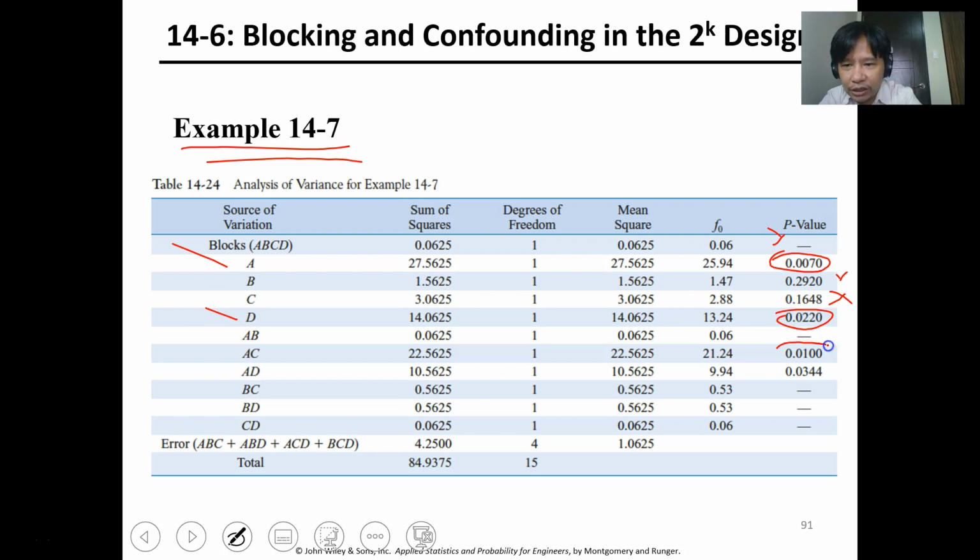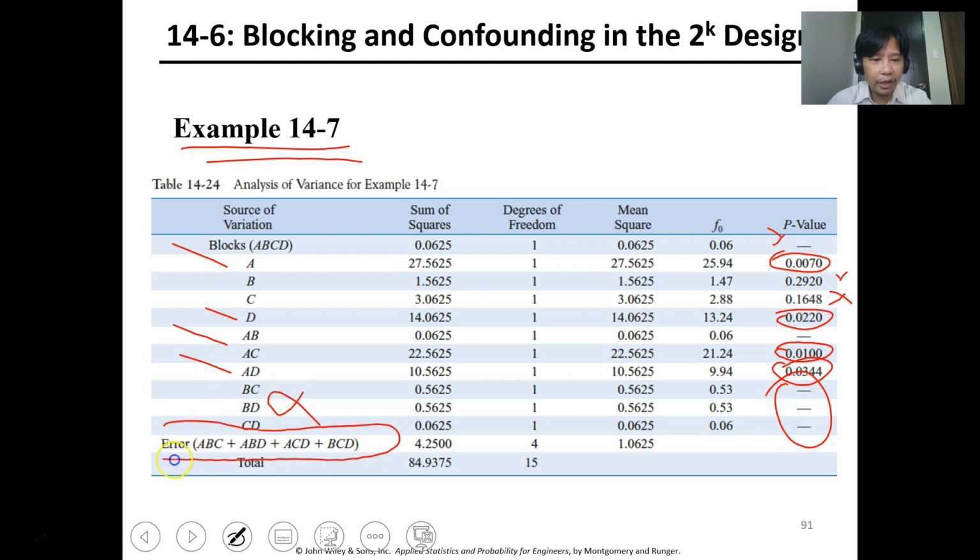AD and AC are significant interactions. The 3-factor interactions have no effect. And this is the error, the combined one.